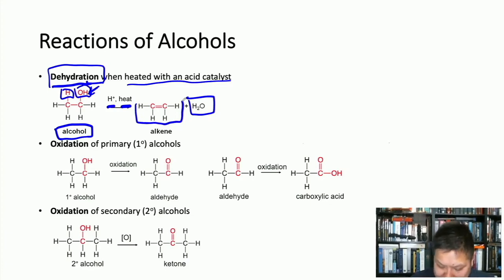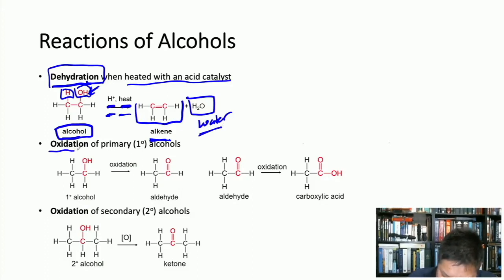An alkene and a water. So just remember that if you have an alcohol and you treat it with acid and heat, you'll always get an alkene and a water.